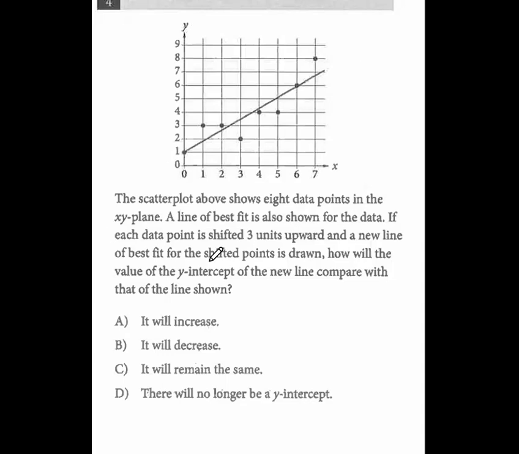If all data points are shifted up 3, what will happen to the y-intercept? Well, the y-intercept would shift up 3. So how does the y-intercept of the new line compare? It'll increase by 3 specifically. So the correct answer is A.